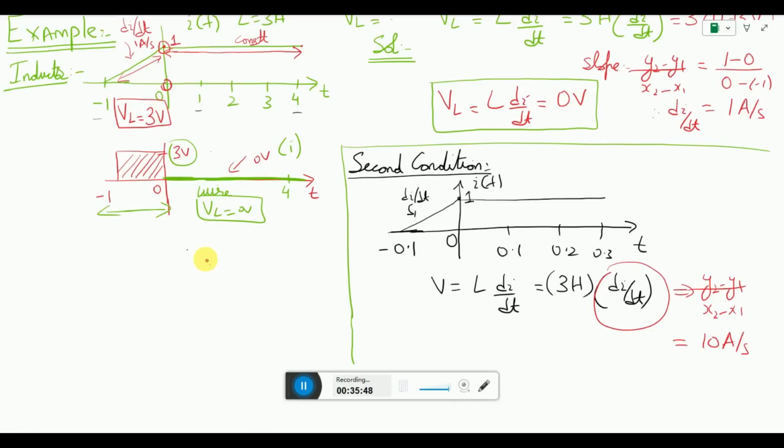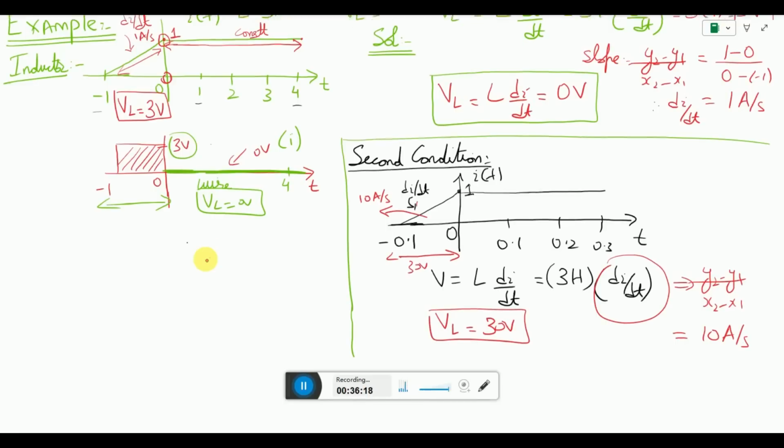So this point is basically having a value of 10 ampere per second. From minus 0.1 to 0, the value is 10 ampere per second for the current, which means the voltage V of L comes out to be 30 volts. So this is the region of 30 volts.